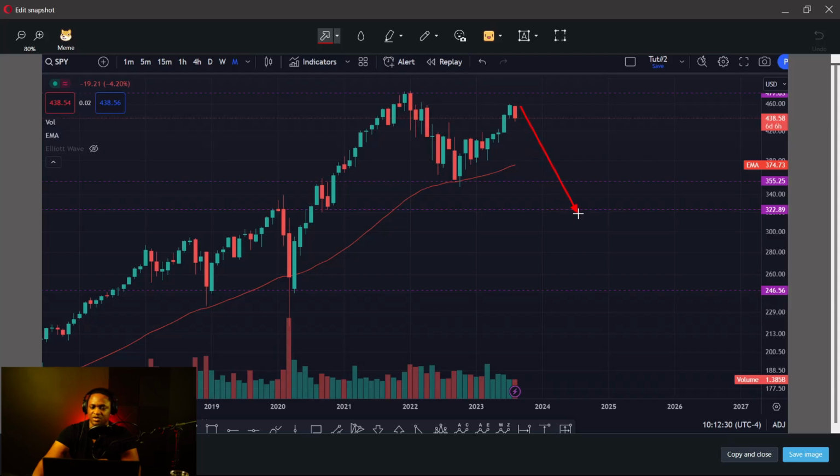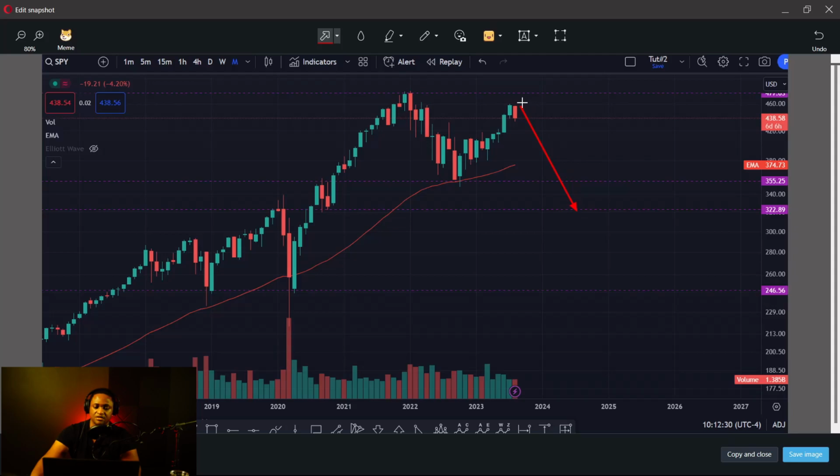We would drop all the way down to the level of the last major crisis that was initiated by the COVID-19. That would be a clear ABC type correction, followed by a move up again. So if we keep going down, this is most likely the next low of this SPY.